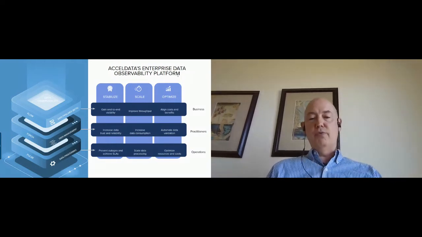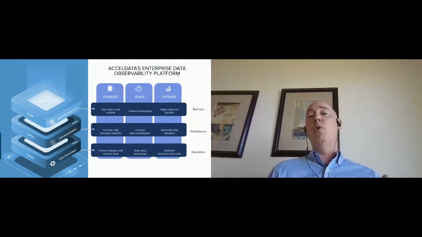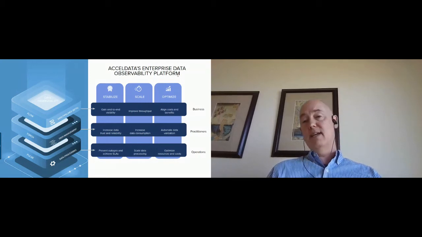So if we run through this at a high level, when it comes to your data processing, we help organizations transition from being reactive and firefighting to be proactive, to be able to use trend analysis to predict and prevent issues before they occur. And that's really how you achieve reliability and stability.